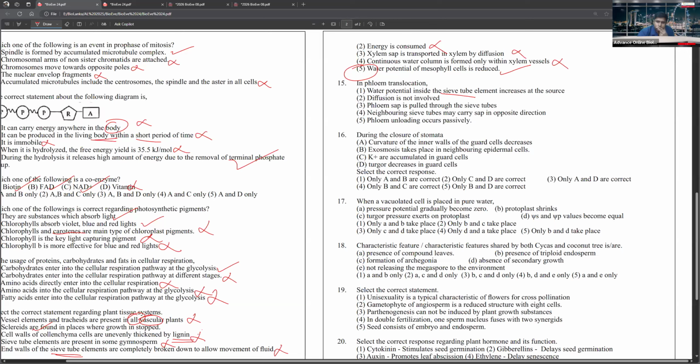Decreases, neither wrong. Diffusion is not involved. It's a bulk flow, right, people? Phloem transport is a bulk flow, right?